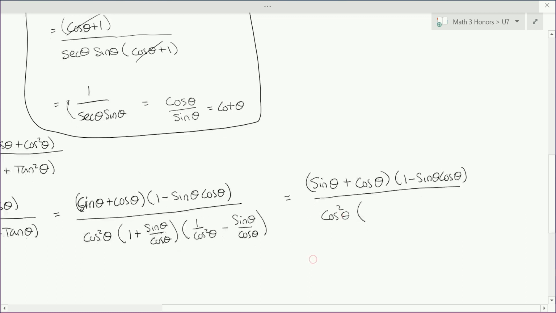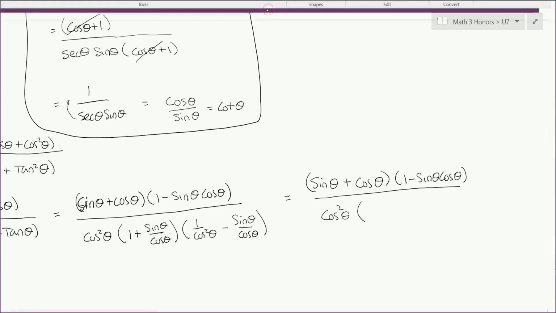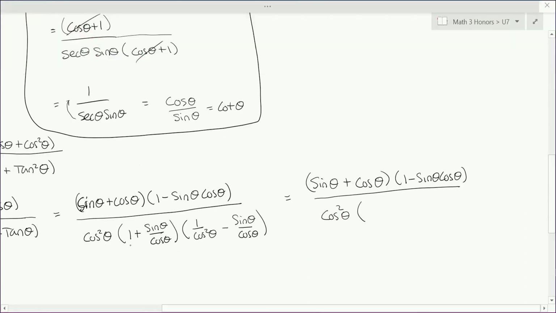So on this first fraction, I'll do a little work before I put it in here. I'm going to change the 1 to cosine over cosine, so that I can add it with the sine over cosine. In the second factor, I'm going to multiply top and bottom by cosine.